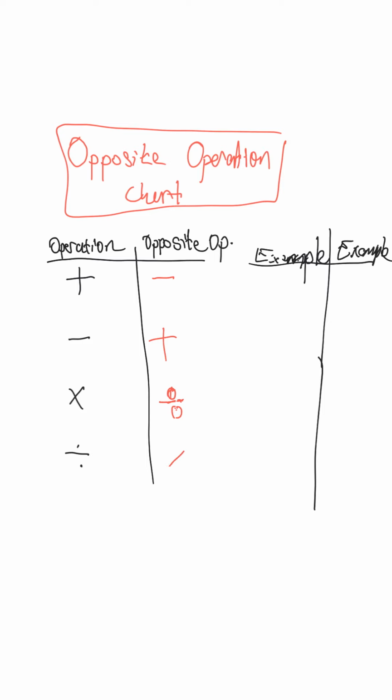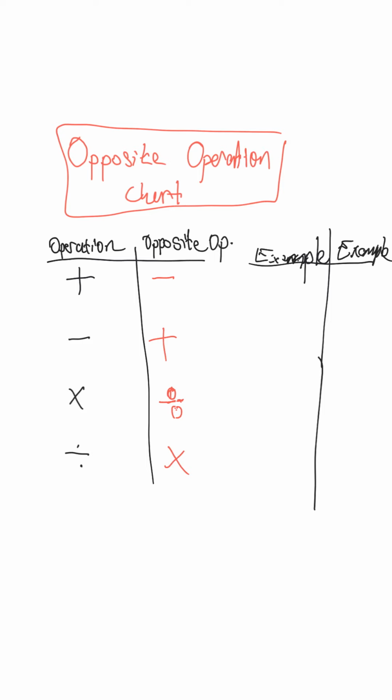It is multiplication. So if I have 6 divided by 2, I get 3, right? If I need to reverse this operation, what is the opposite? It will be multiplication.